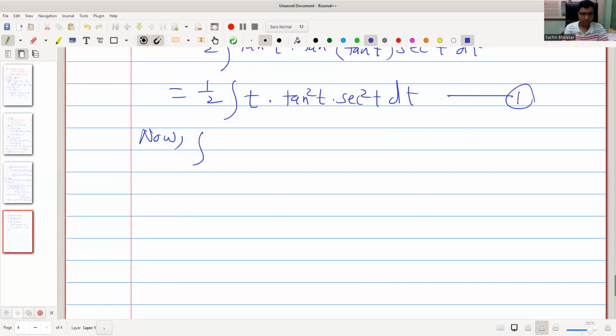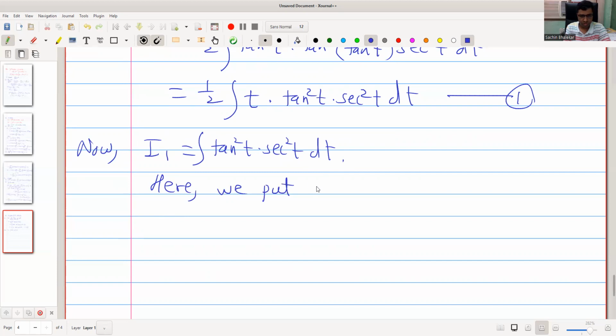Integral tan square t into sec square t dt. So how to evaluate this? It is simple. Let me call this I1. Here we put z equal to tan t, then dz will be sec square t dt.